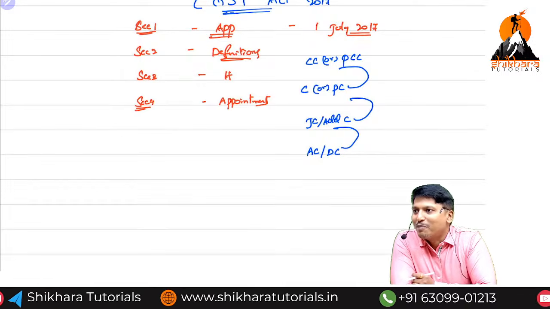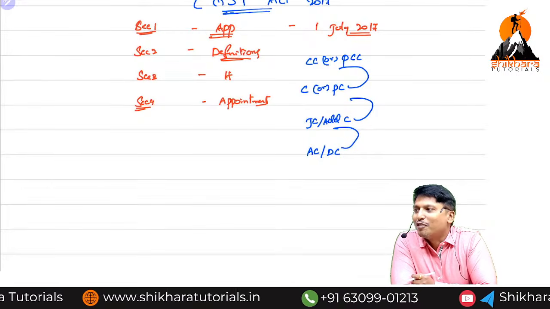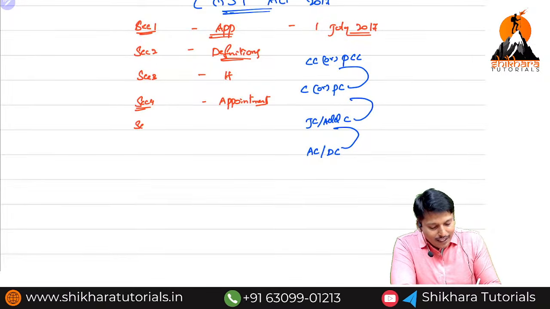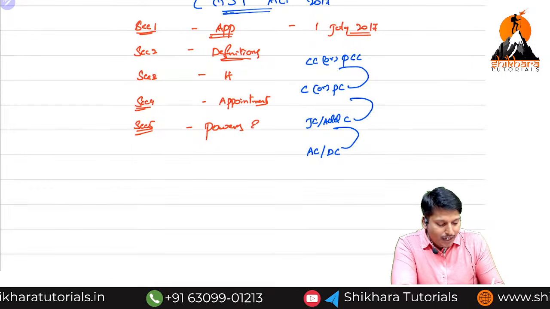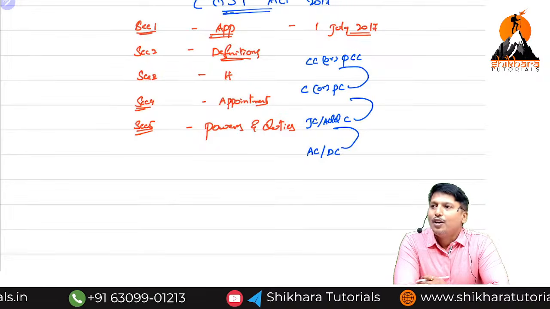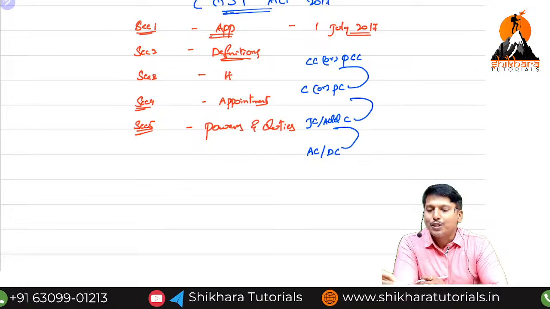So the commissioner has the power to appoint the officers. Under what section? Section 4, appointment of officers. Now, section 5, powers and duties. What powers they have and what duties they need to perform.